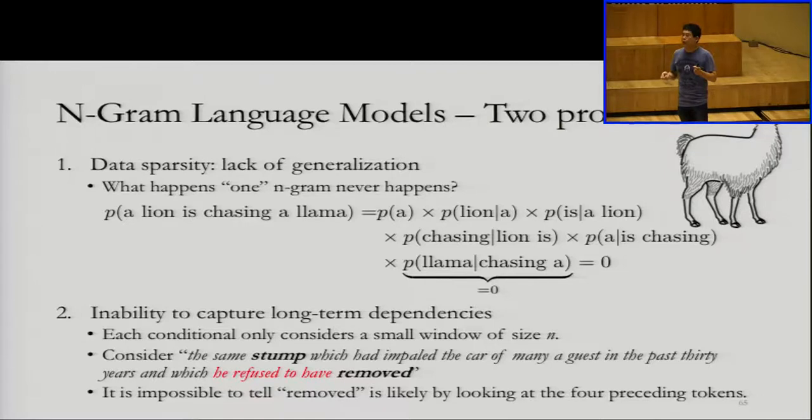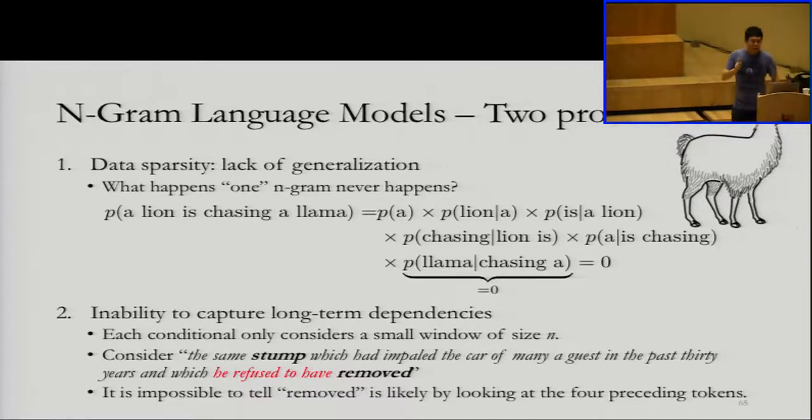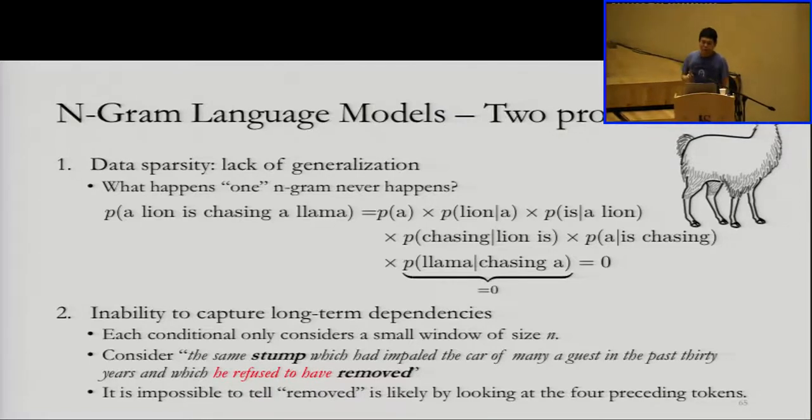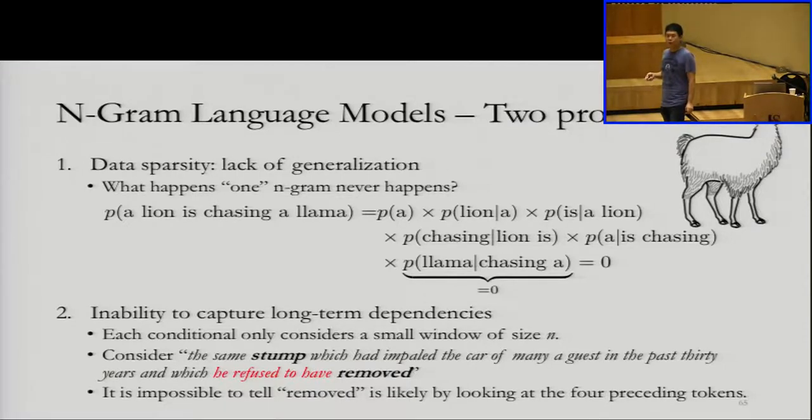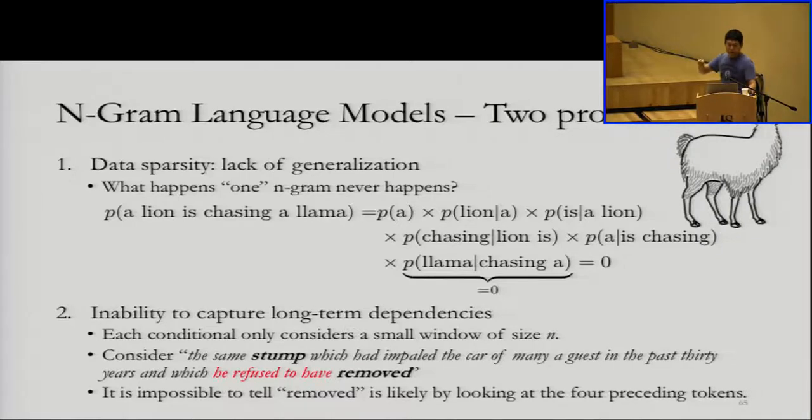It could have been any past participle verb. But if my language model was able to see "the stump" at the very beginning of the sentence, then it becomes pretty obvious that it's going to be "removed," because the stump should be removed, right? So this kind of long-term dependency cannot be explicitly captured by an n-gram language model.